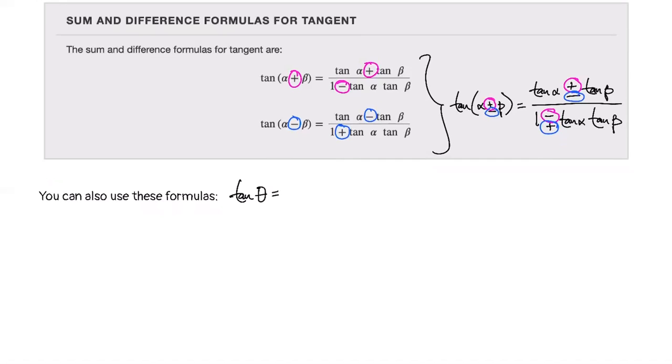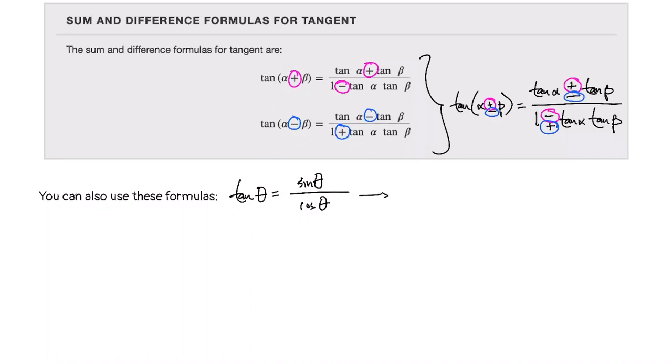Go back to your notes, and what is the quotient identity for tangent? What is the quotient identity? Yeah, sine theta over cosine theta, okay? So now that's always true. Tangent of theta equals sine theta over cosine theta. So I'm going to use that to help me figure out tangent of alpha plus beta, okay?